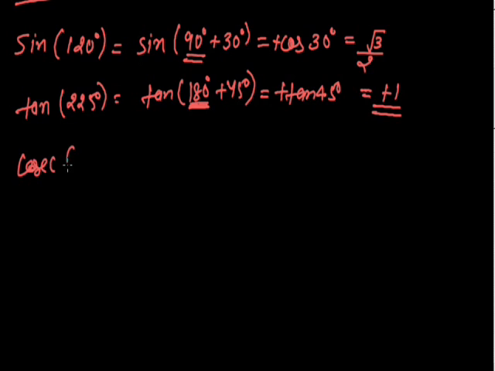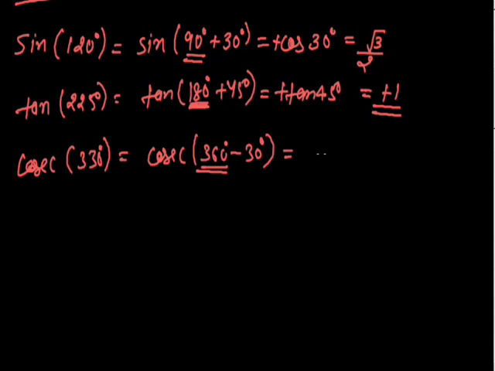If we have to find the value of cosec 330 degree, then it may be written as cosec 360 minus 30 degree. Now as 360 is a multiple of 180 degree, it would become cosec 30 only. The ratio will not change. Now this angle is falling in fourth quadrant, and in fourth quadrant only cos and sec are positive, all others are negative. So this will give us minus cosec 30 degree, that would be equal to minus 2 only.